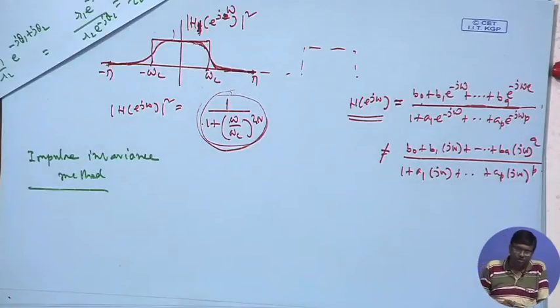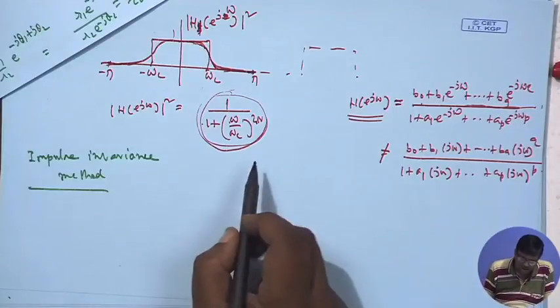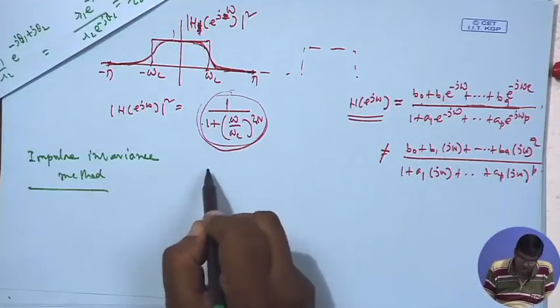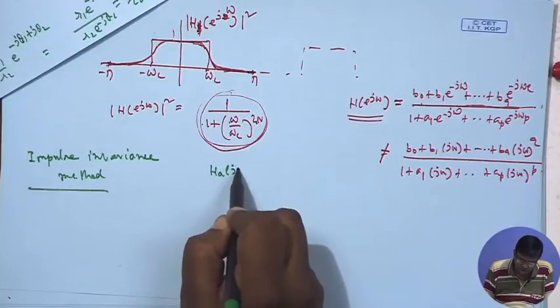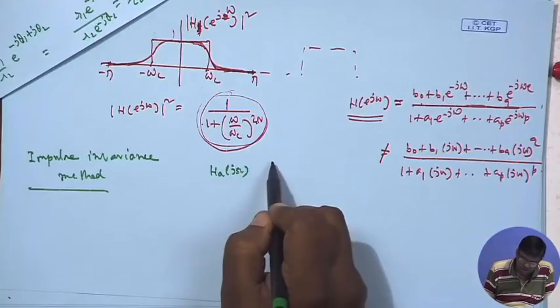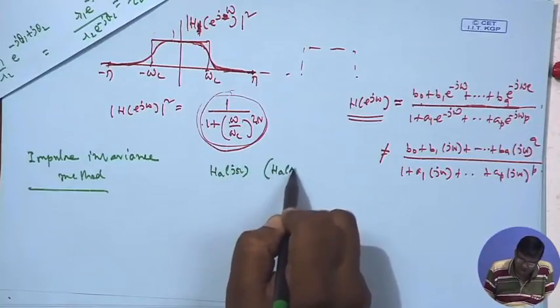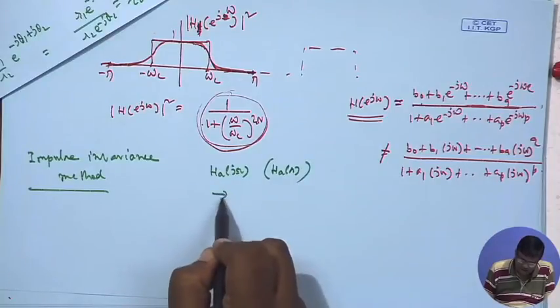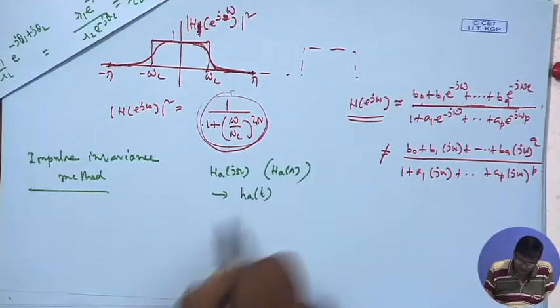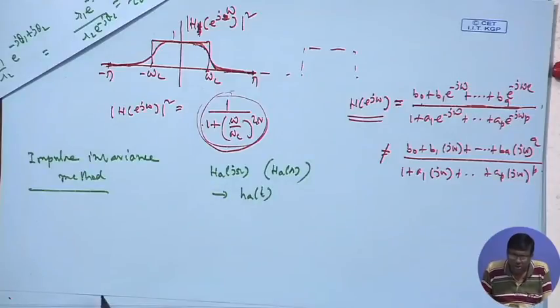Next we assume that there is one analog filter with transfer function H_A(s) in terms of the Laplace transform, and this has this time function.